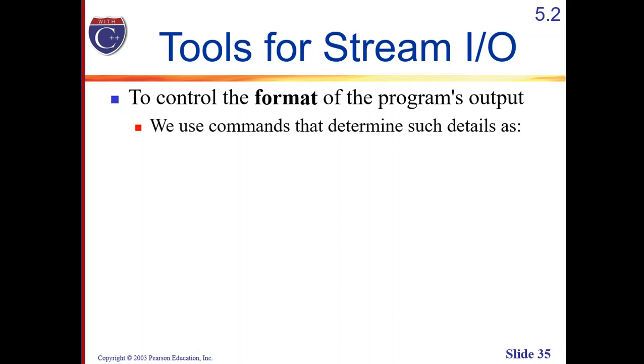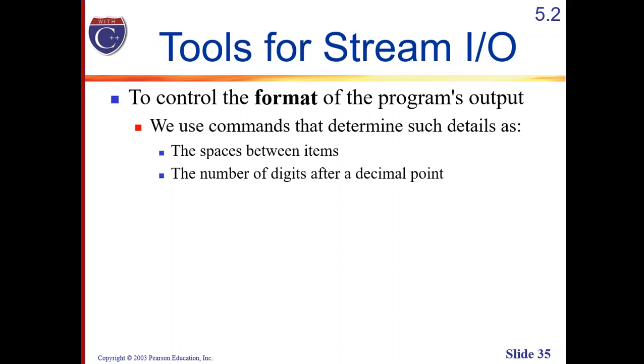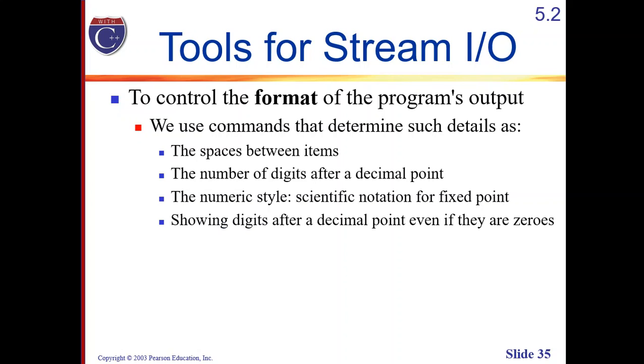We can use commands that determine such details as the spaces between items, the number of digits after a decimal point, the numeric style, so we can actually display those numbers in scientific notation or fixed point. And we can also show digits after a decimal point if they are zeros.